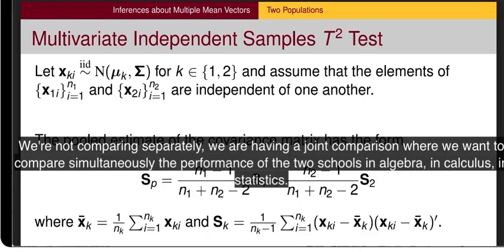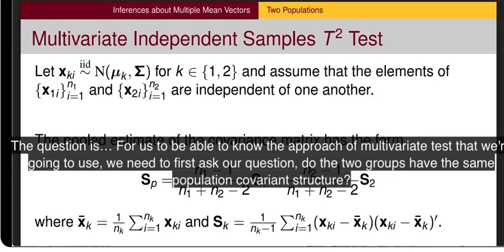We are having a joint comparison where we want to compare simultaneously the performance of the two schools in algebra, in calculus, in statistics. So for us to know the approach of multivariate tests that we're going to use, we need to first ask our question: do the two groups have the same population covariance structure?